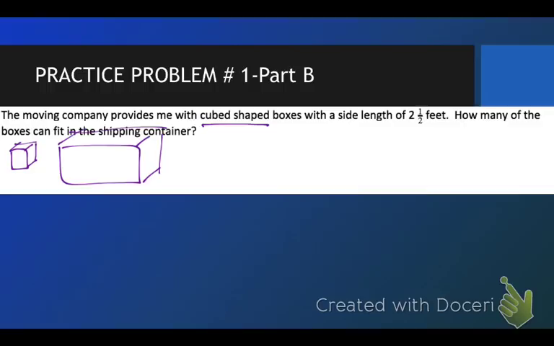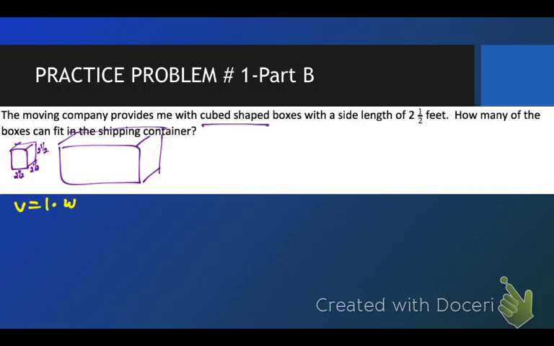We want to figure out how many is going to go in there, so we have to find out how big that cube is. It says side length of 2.5 feet. That means each side of that cube is 2.5 feet. So 2.5 times 2.5 times 2.5. We need to find the volume of that as well, so we're going to use, once again, our formula.